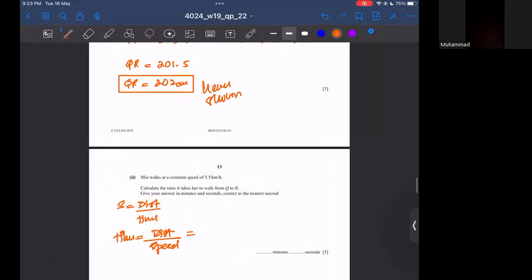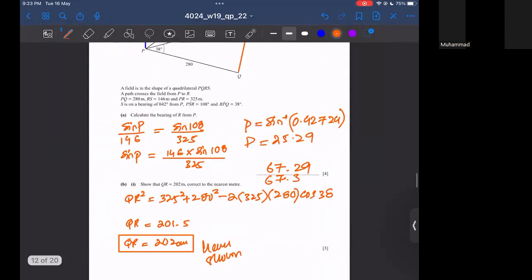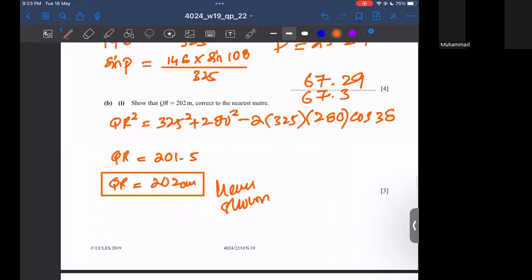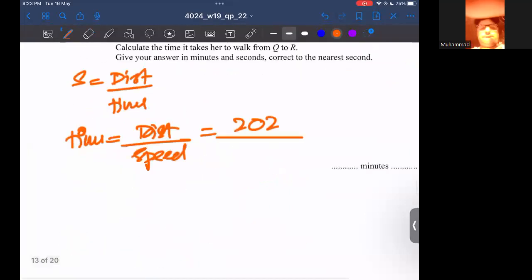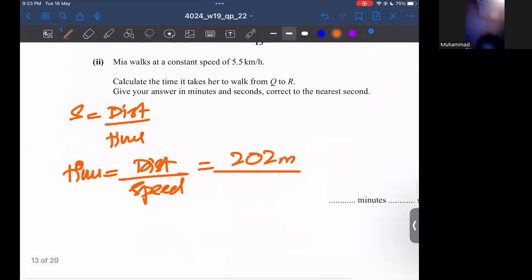What is the distance? Distance between Q to R is 202. Right? What is the speed? This one is meter, sorry. This one was meter, and this one is 5.5 kilometer per hour.